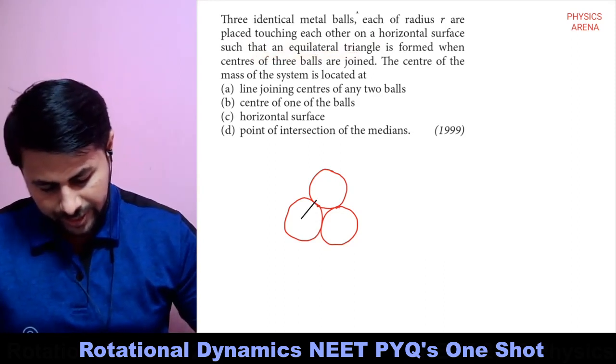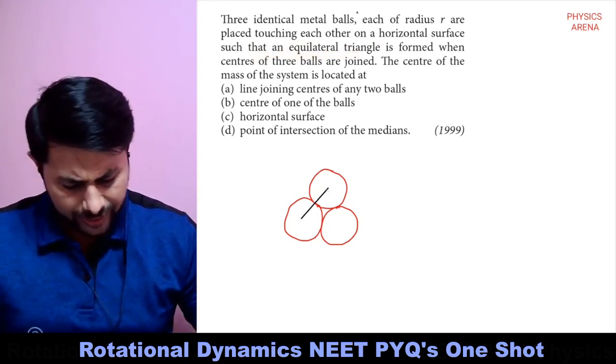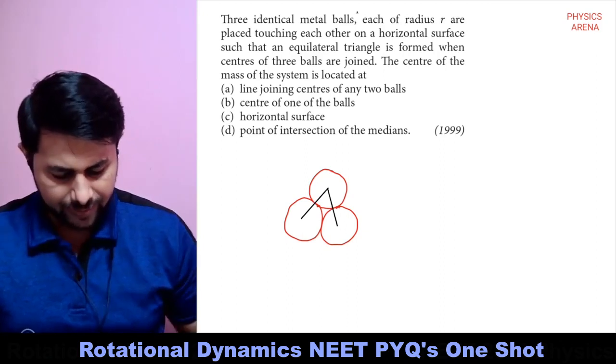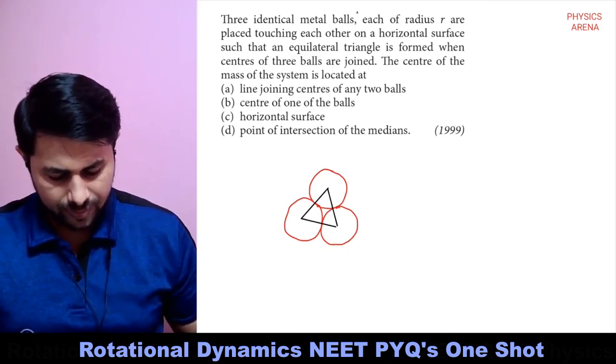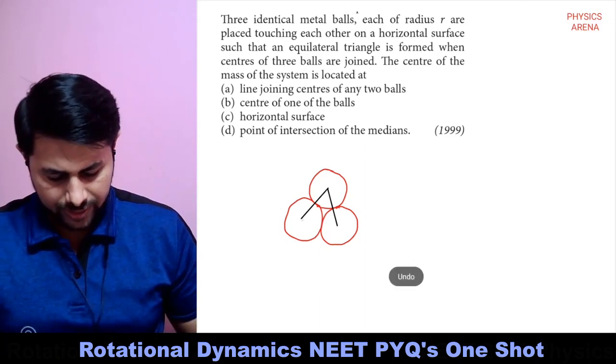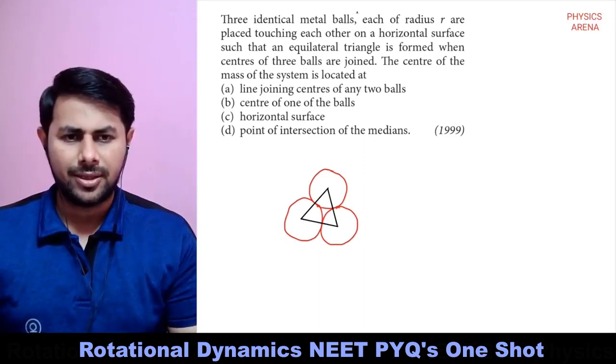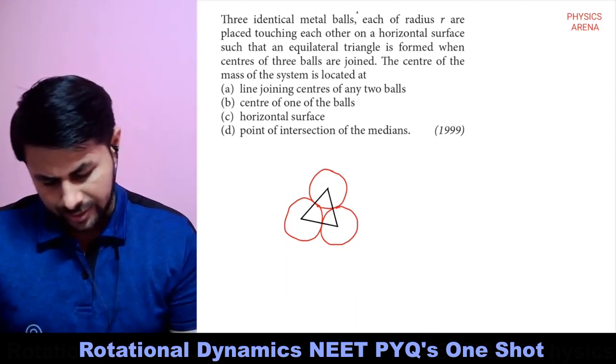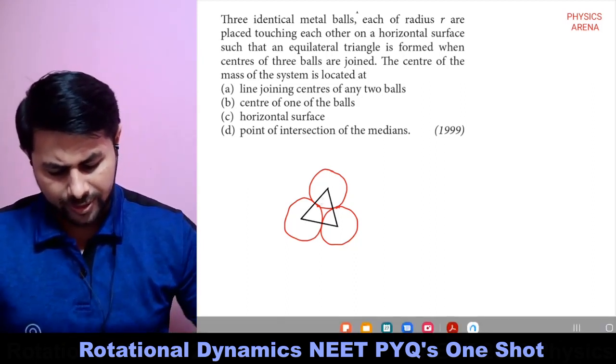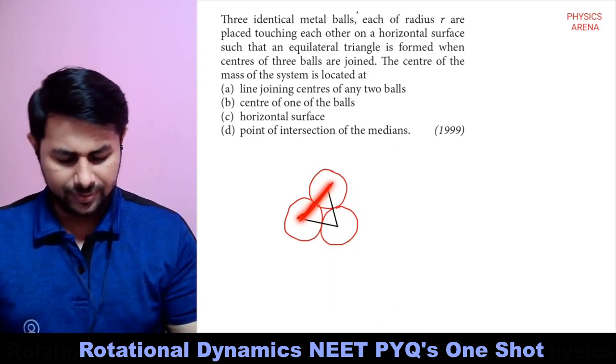So if you join their centers, what you will get is an equilateral triangle. Question is, where will be the center of mass? Yes, option A, line joining centers of any two balls. Will it be along this line?